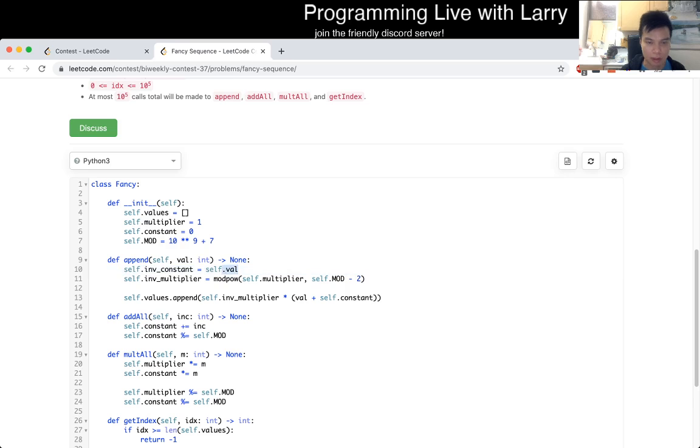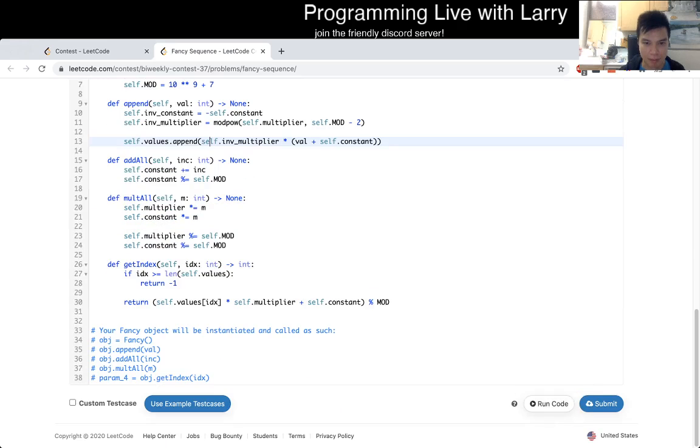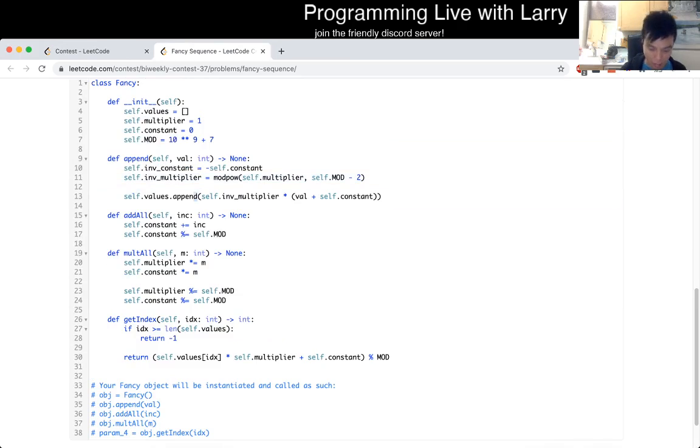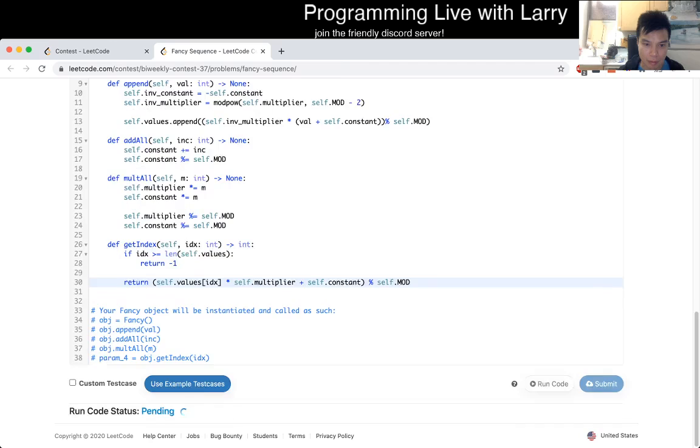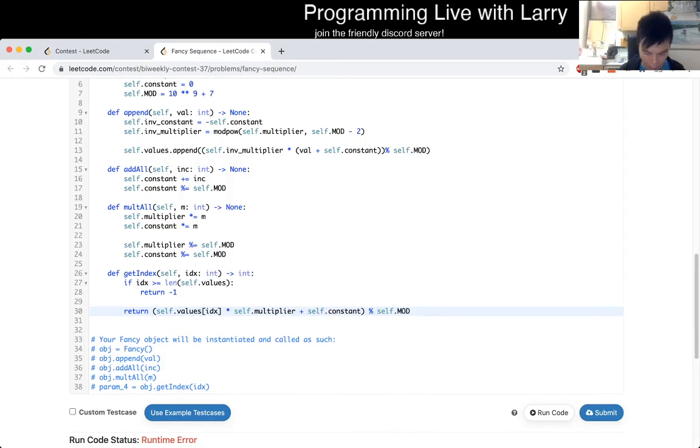That's not that. Constant negative, right? Something like that, and then we mod it. Let's see if that works. Nope. Not that power.